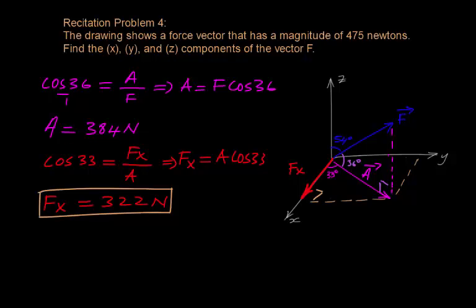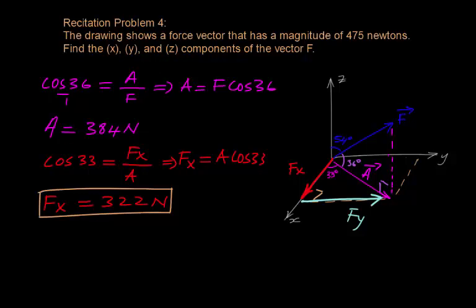The y component is this one along this dashed line parallel to the y, or you can also present it along the y-axis itself. I'm going to try to present it here for simplicity. This is the Fy. It's not too complicated to visualize. If I put it on the y-axis, it may be a little bit difficult for you to see. Now, if you look at the Fy, it is the component opposite to the 33 degrees.